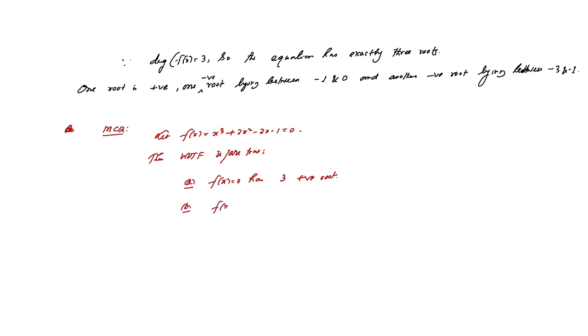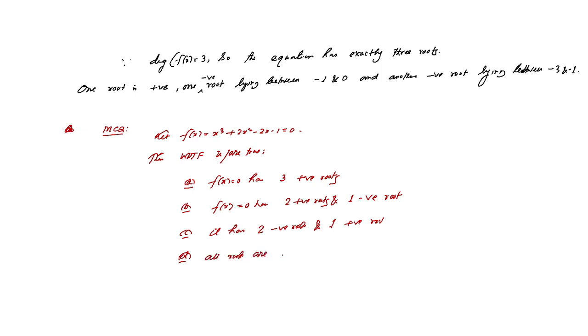Option B, f(x) equals 0 has 2 positive roots and 1 negative root. Option C, it has 2 negative roots and 1 positive root. Option D, all roots are not real.